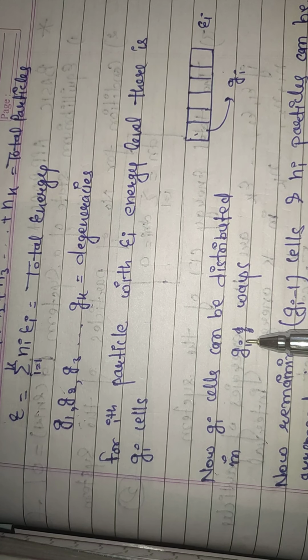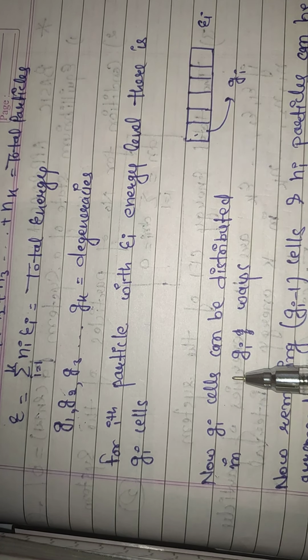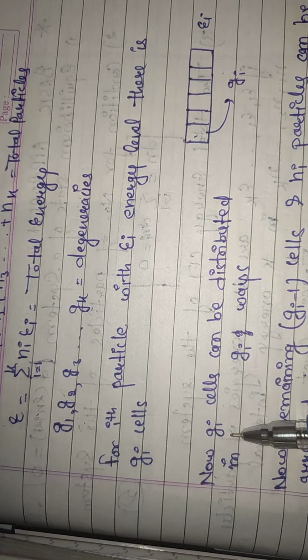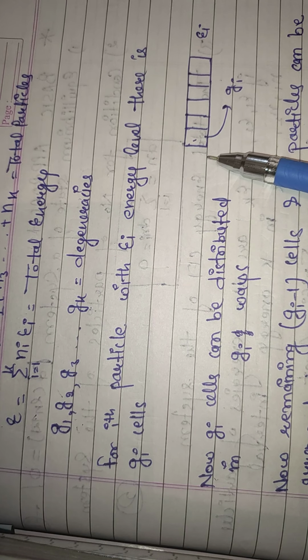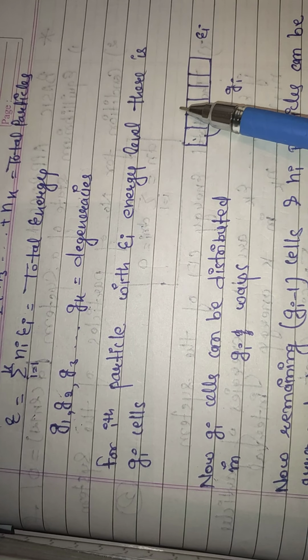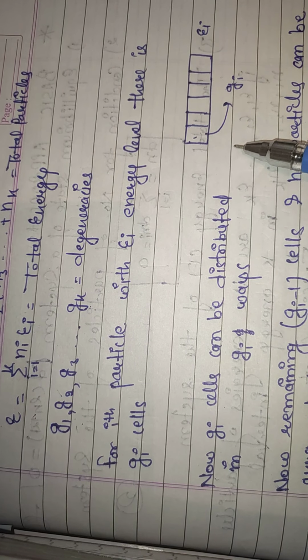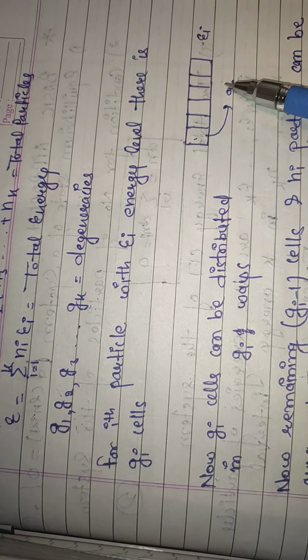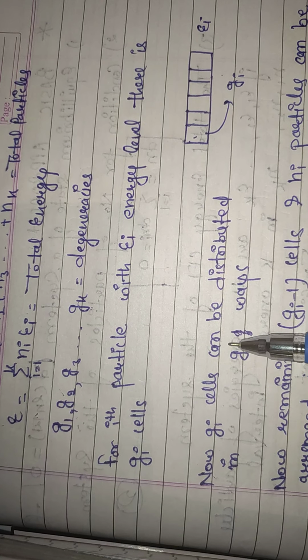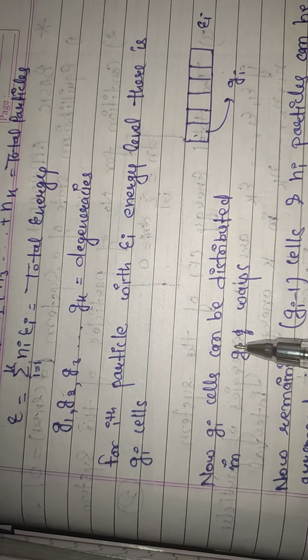So let us consider the distribution of gi cells. We know that we have gi degeneracies of this energy state, and ni is the total number of particles, and we have to arrange the ni particles in these gi cells. So how can these be distributed?